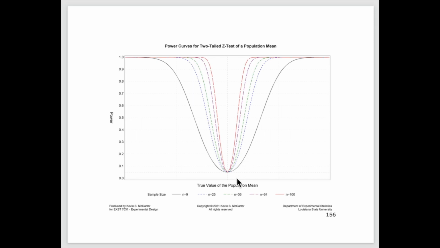And we also see that for a fixed value of mu, as we increase the sample size from 9 to 25 to 36 to 64 and then up to 100, the probability of rejecting increases. In other words, the power is increasing.